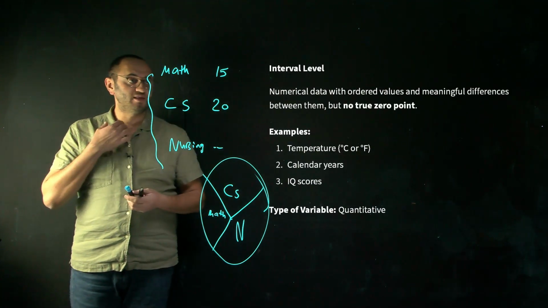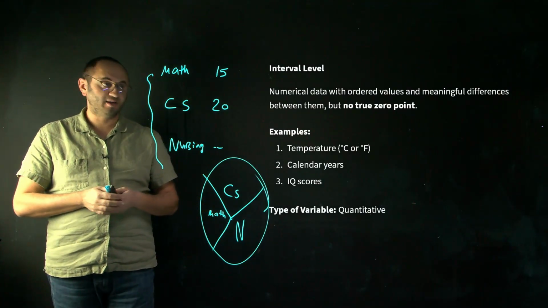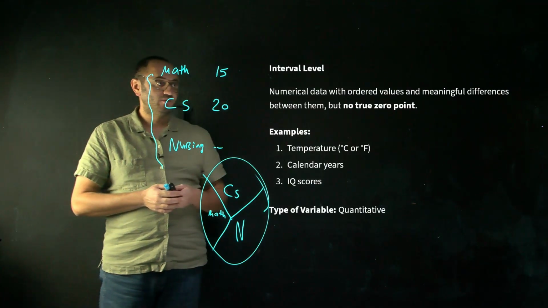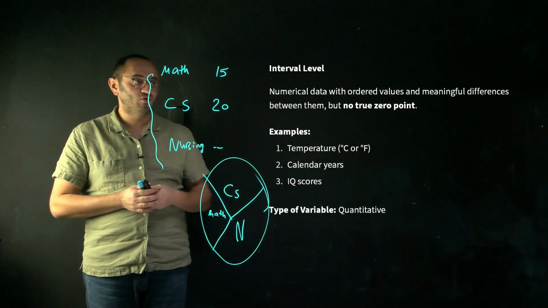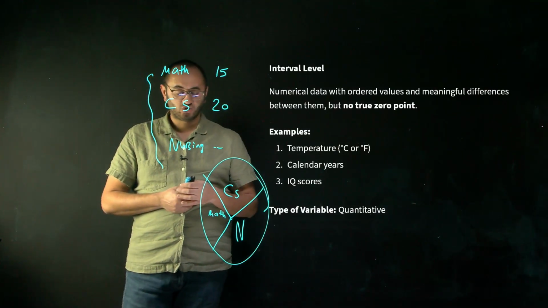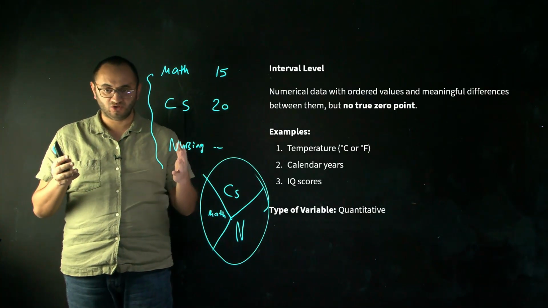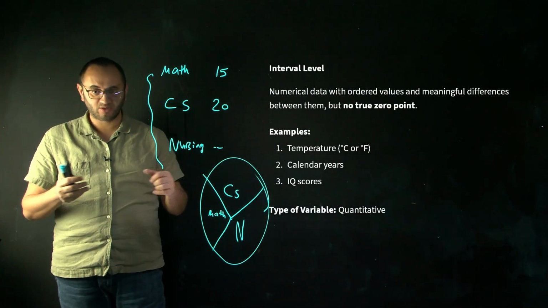All right, so the interval level of measurement is numerical data with ordered values and meaningful differences between them, but no true 0 point. It's a numerical, not categorical variable, so you have numbers.